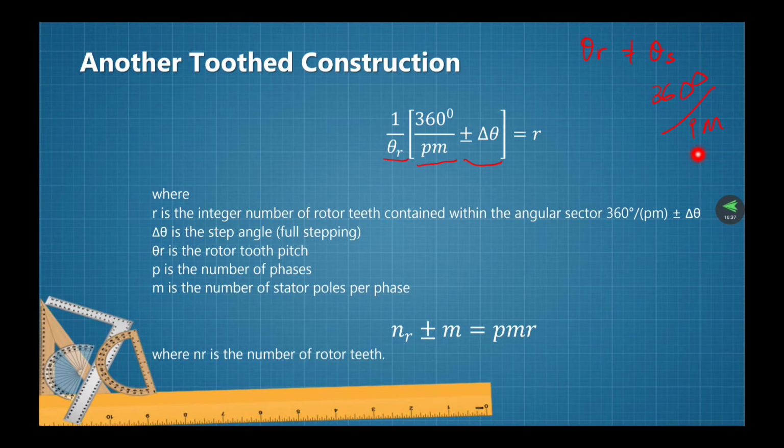It should be clear that within two consecutive poles of the same phase there are Nr per m rotor teeth. As the phase switching, the magnitude of delta theta will result in a total rotation of theta r.